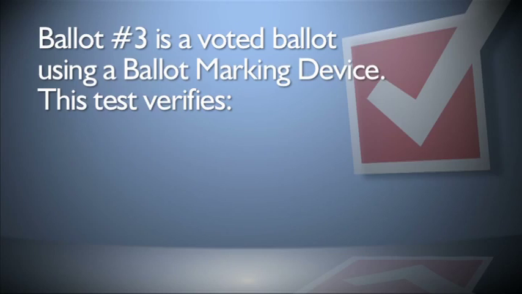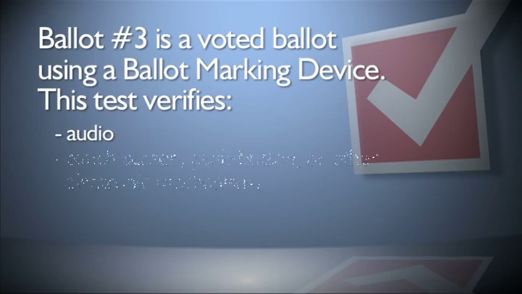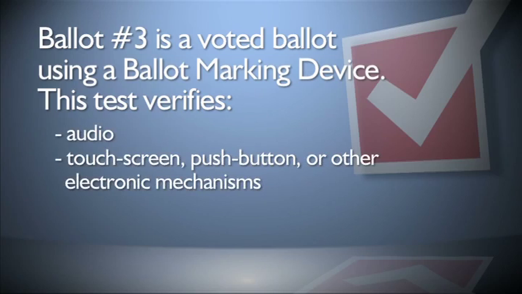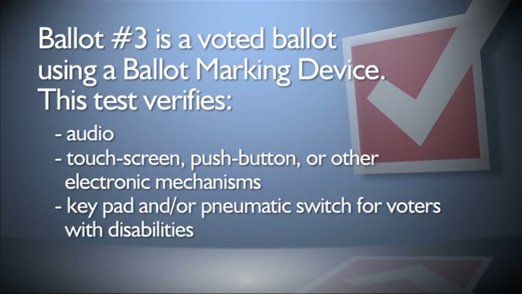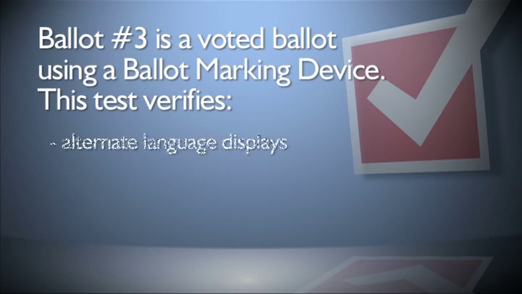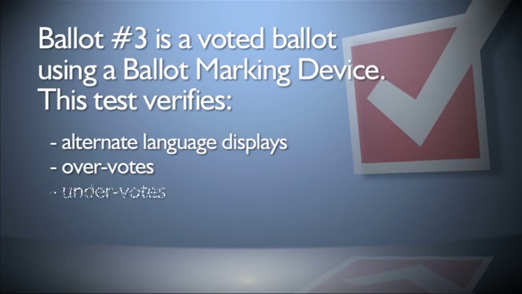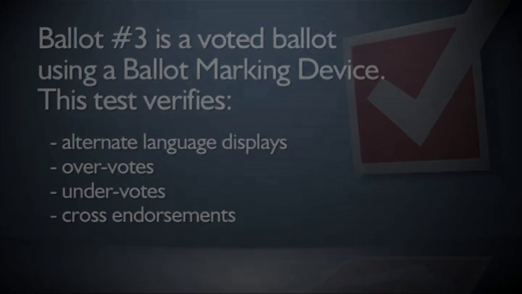This test verifies audio, touchscreen, push button, or other electronic mechanisms, keypad and/or pneumatic switch for voters with disabilities, alternate language displays, overvotes, undervotes, and cross-endorsements.